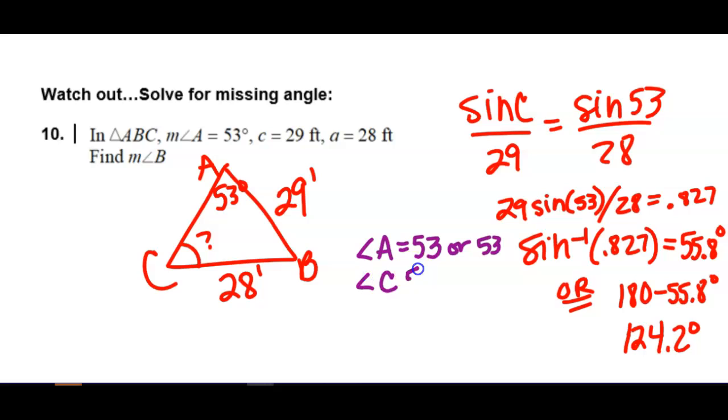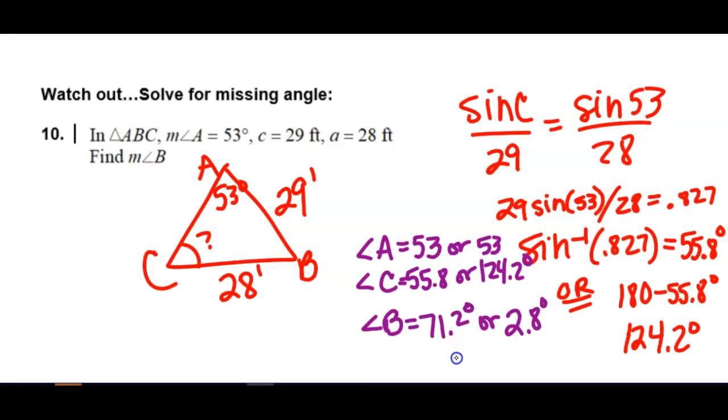Angle C could be 55.8 or 124.2, which makes angle B, if these two are true, 180 minus 53 and 55.8, which would leave 71.2 to be angle B. If we had 180 minus 53 and 124.2, that would leave angle B to be 2.8 degrees.